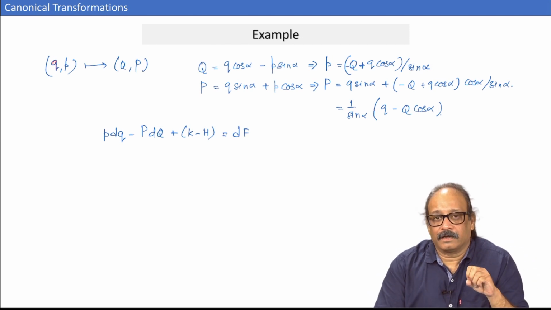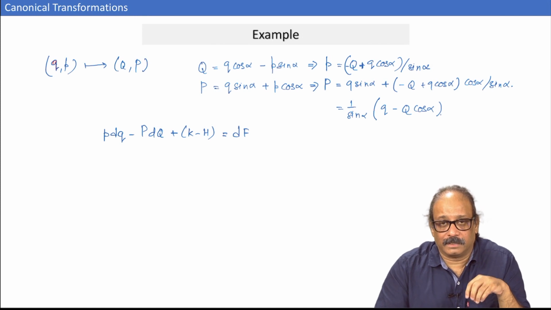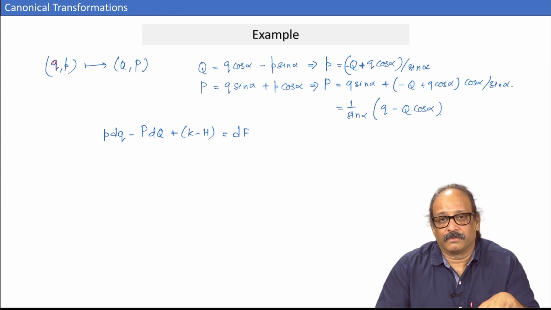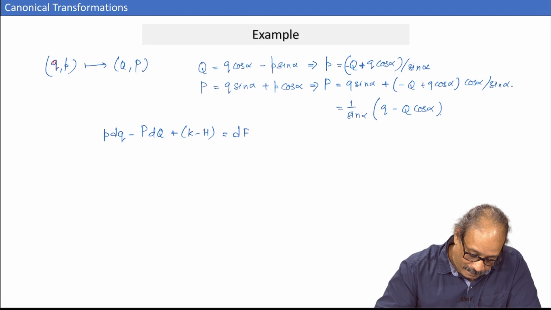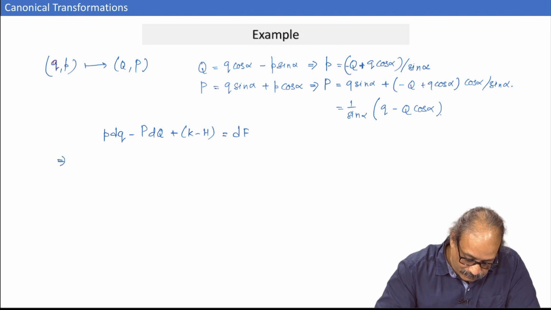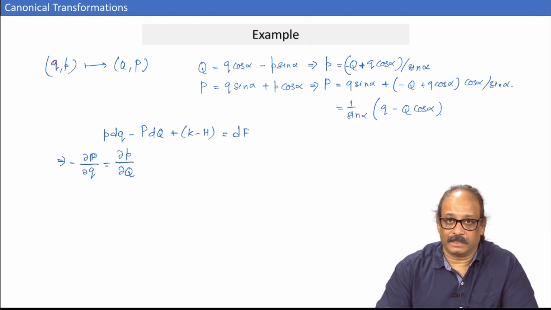And we know from calculus, how do I check whether a given differential form is exact or not? Well, the conditions which we have are: del P by del q must be equal to del of small p by del capital Q. That's one condition.